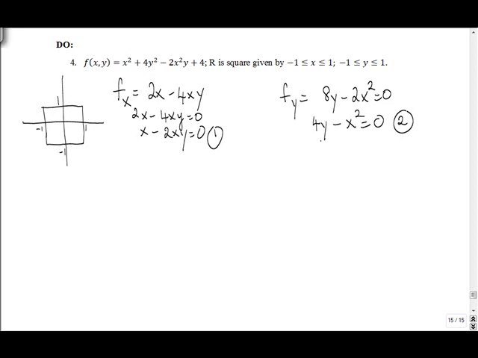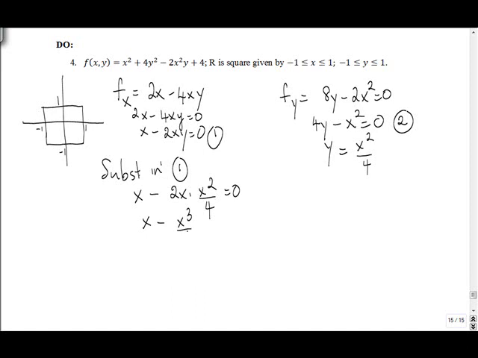Let's find what y is here. y is x squared over 4 and substitute into 1. Well, we should not have reduced, because we're getting a fraction now. But anyway, we did it already. Put y equals x squared over 4 into this reduced one. So x minus 2x times x squared over 4 is 0. x minus x cubed over 2 is 0.